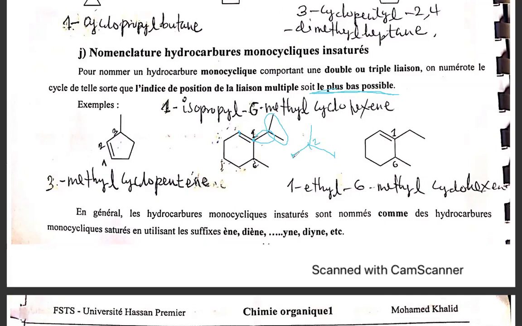Now, what do you call a 3-chained hydrocarbon? It's called propane. That is for sp3 hybridization.